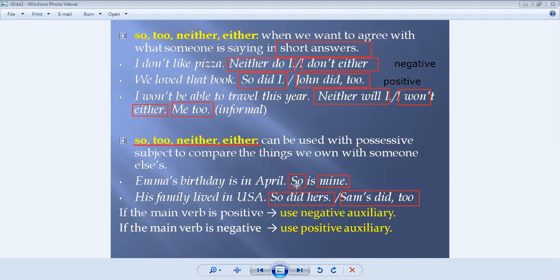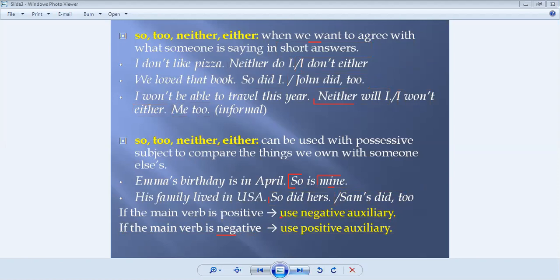If it's positive, if you possess the same thing, we can use so or too. But if the main verb is positive, you're going to use a negative auxiliary, and if the main verb is negative, we're going to use a positive auxiliary. So we're going to explain it further. Okay, so let's move on to our next page.